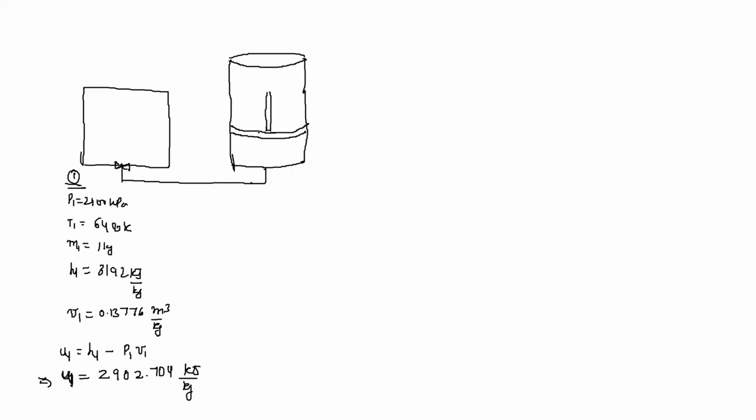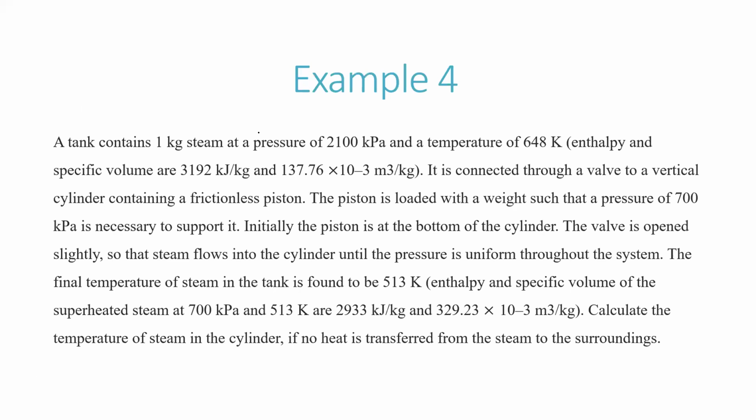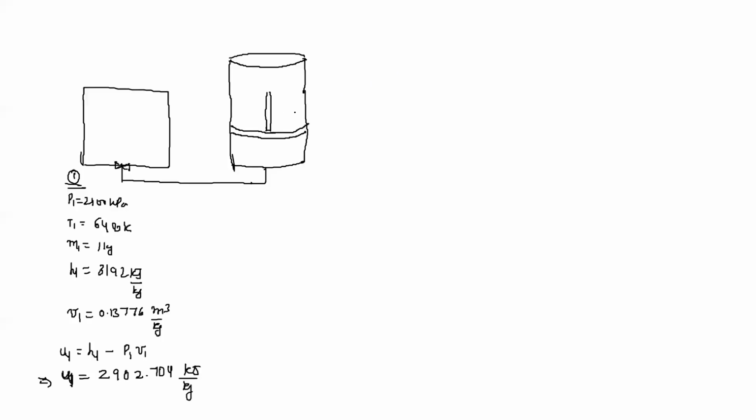The piston is loaded with a weight such that a pressure of 700 kilopascal is necessary to support it. That means whatever gas is going to be here, the pressure on this gas is always going to be 700 kilopascal.